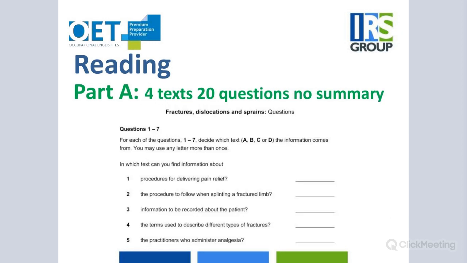Part A is actually divided into 3. As I said, the first 7 questions are to identify in which text the answers are, so you just answer whether it's A, B, C, or D. The next questions are from 8 onwards, to the next 20 questions, a total of 20 questions.